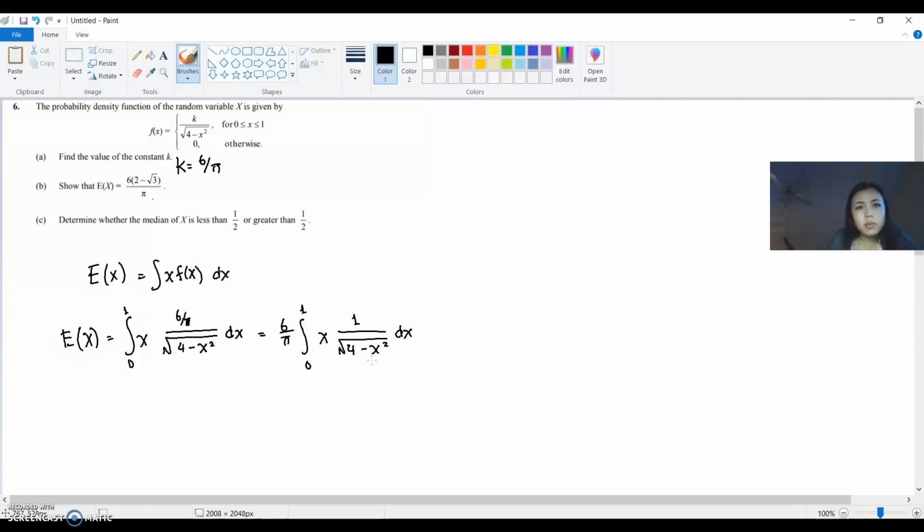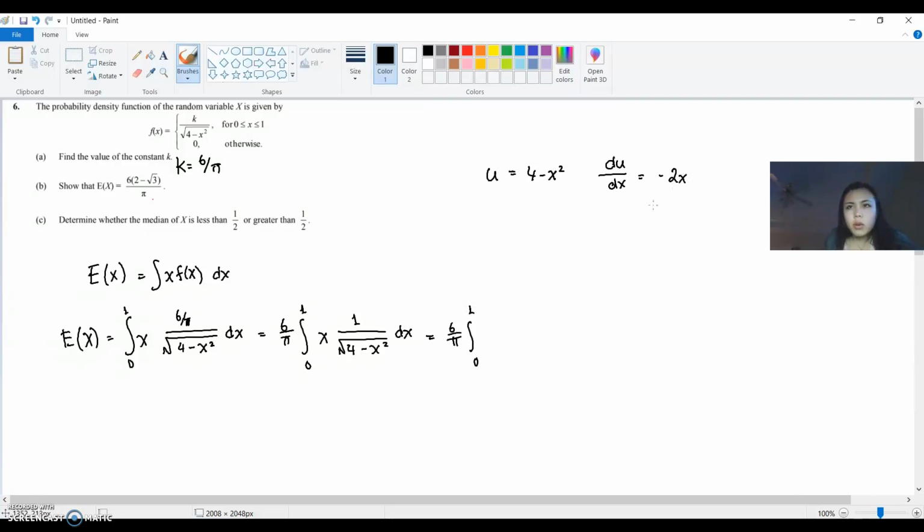Okay, since this is a bit complicated, I'm going to do u substitution and let u equal 4 minus x squared. Therefore, du dx equals negative 2x. That's just the derivative of this. So if we plug that in, that's 6 over pi times the integral from 0 to 1 of x.